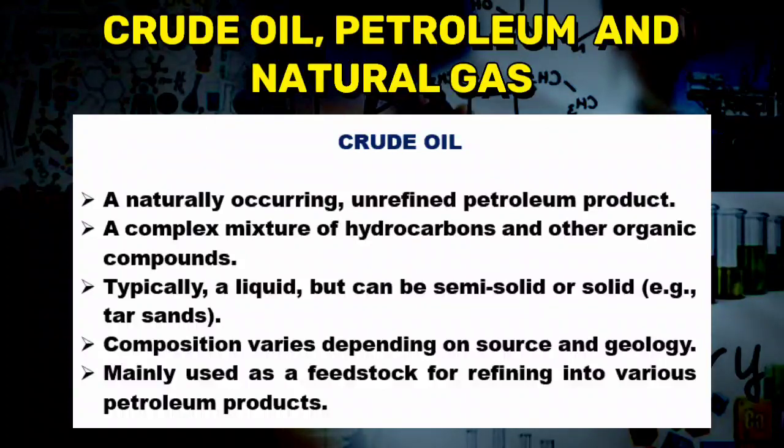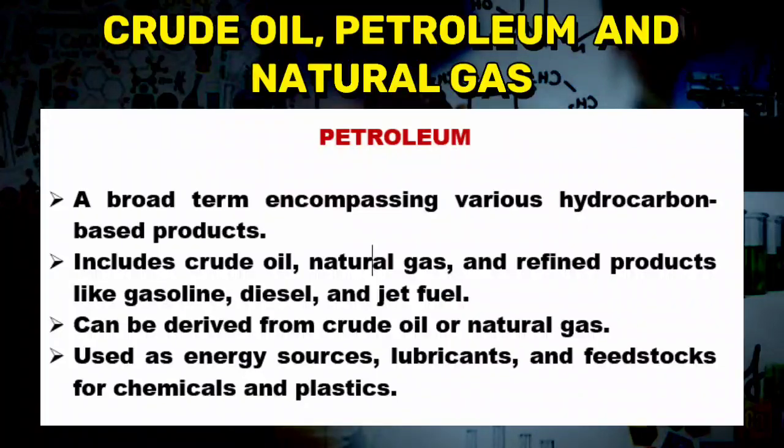It is typically a liquid, but can be a semi-solid or a solid. The solid form is called tar. Its composition varies depending on source and geology, and it is mainly used as a feedstock for refining into various petroleum products. This is what crude oil is all about.